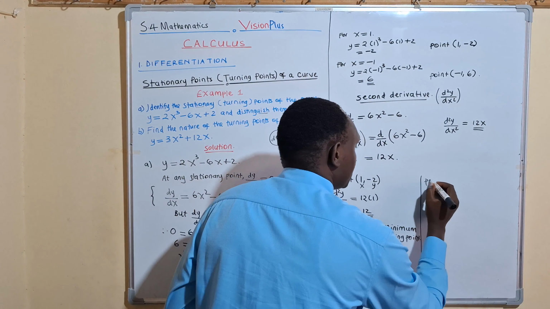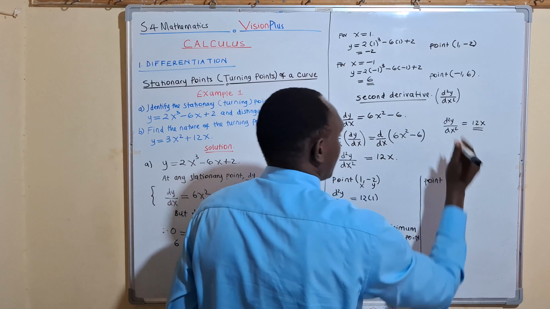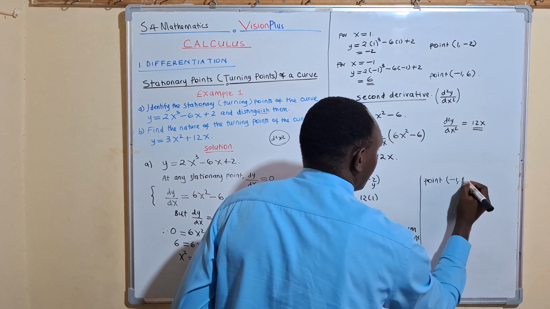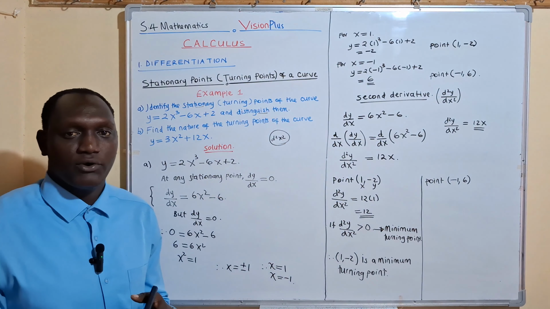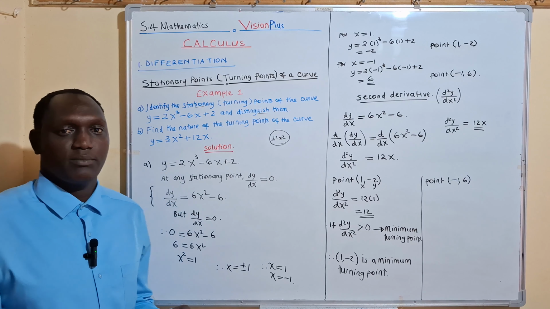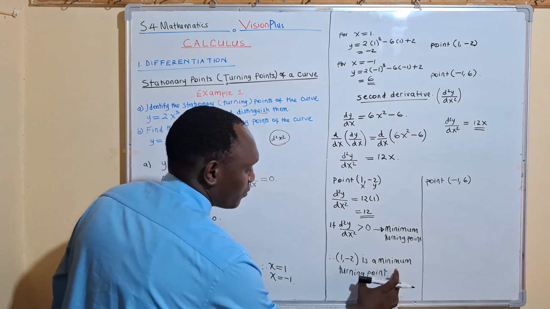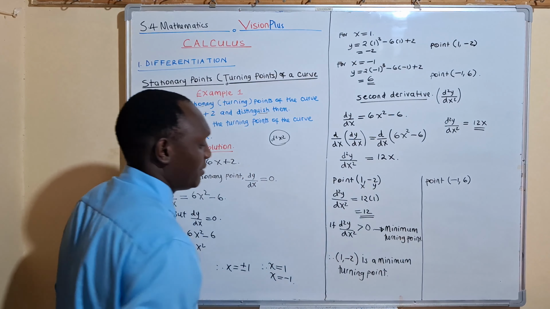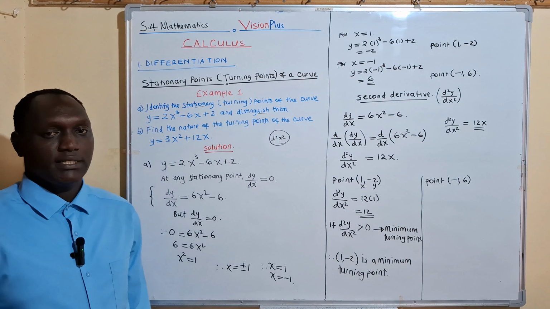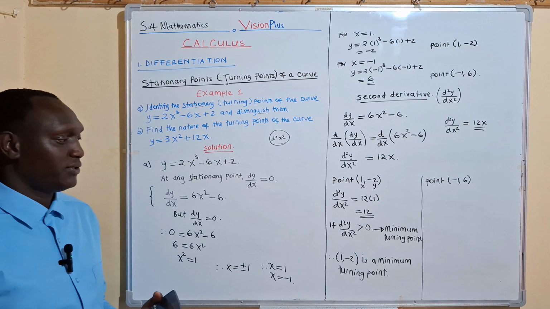The second point that we have got there is (−1, 6). Let us see whether it is a minimum point, a maximum point, or a point of inflection. But because we already have one minimum point, we don't expect this to be a minimum point again. It's either going to be a maximum point or a point of inflection.